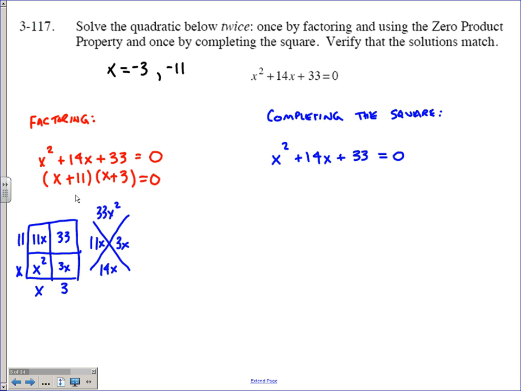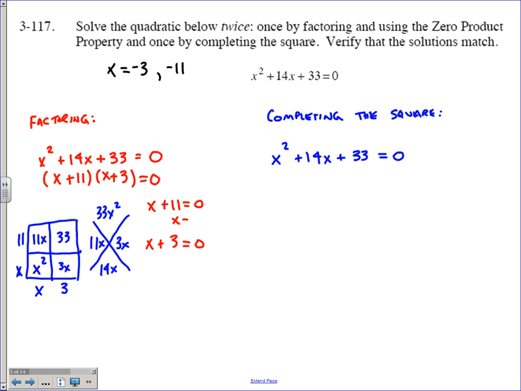Remember, this expression times this expression equals 0. So this expression is a factor, and so is this one. If your product is 0, one of your factors has to be 0. So let's take the inside of each and set it equal to 0. X plus 11 equals 0, and x plus 3 equals 0. We solve each of them there.